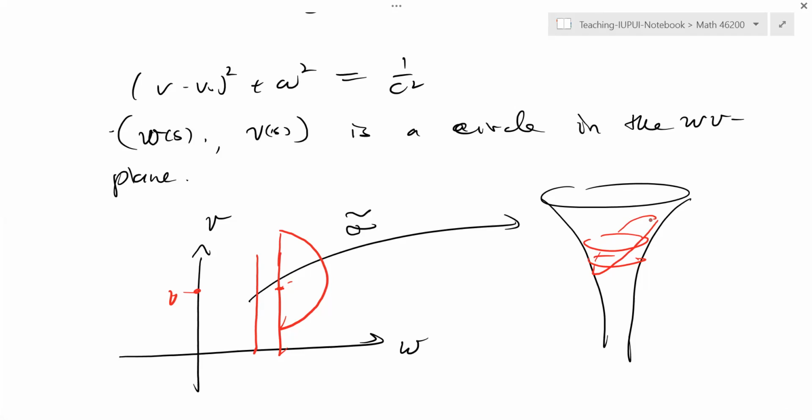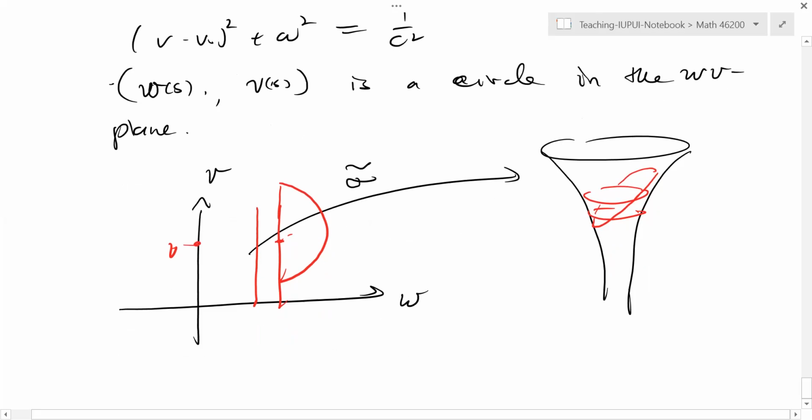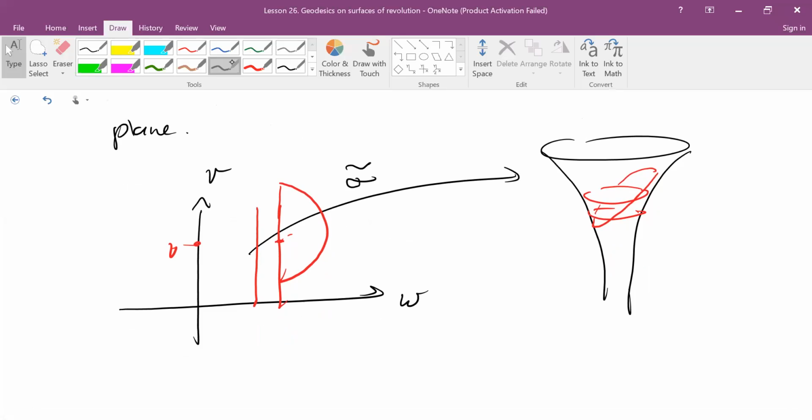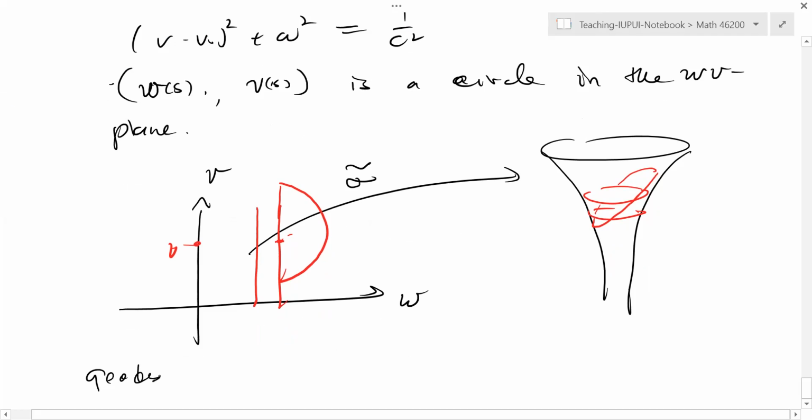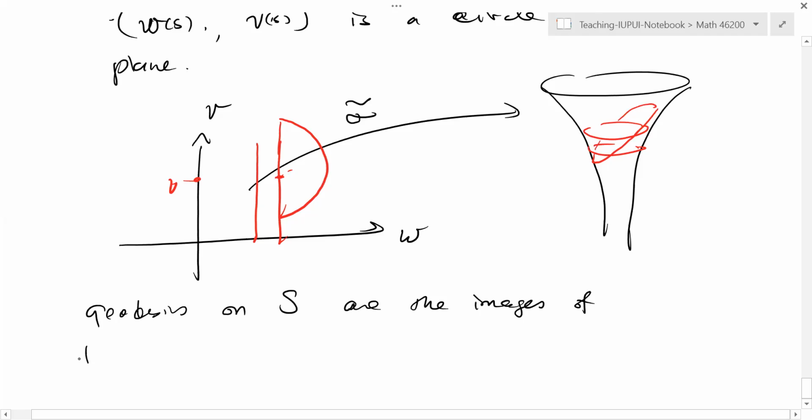Those are circles in the WV plane. So geodesics on the surface are the images of these curves in the WV plane under the map sigma tilde.